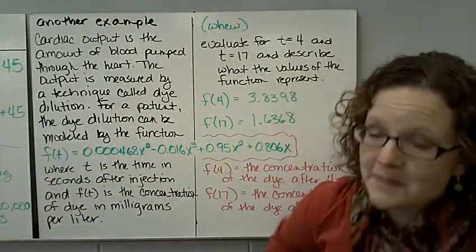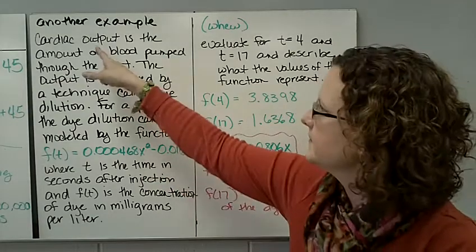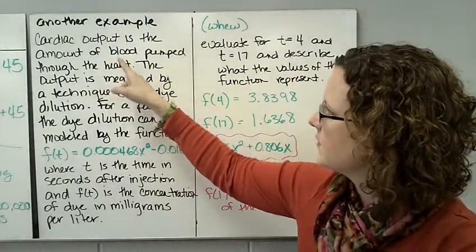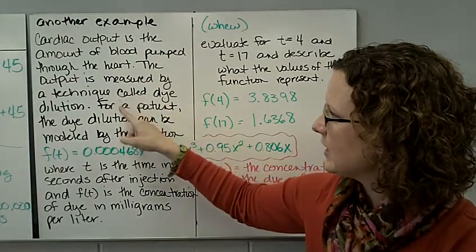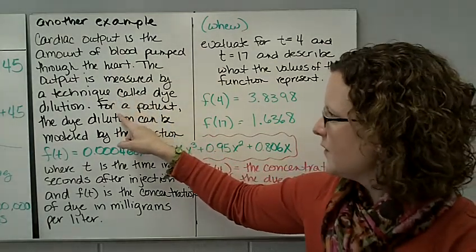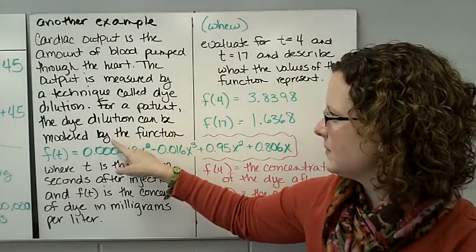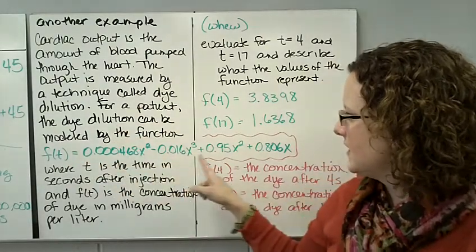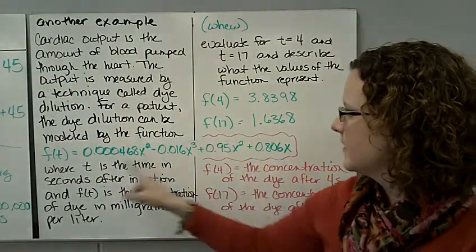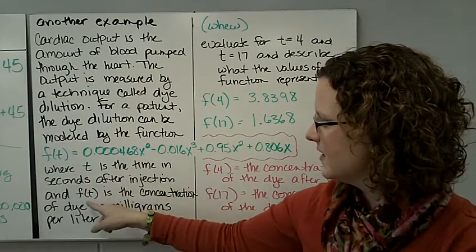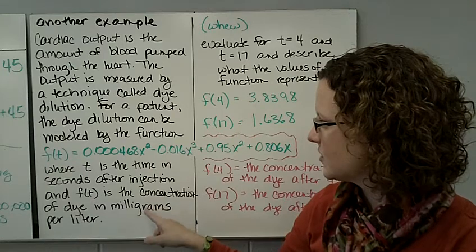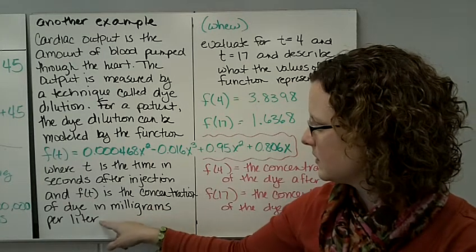The example is a little wordy, but let's work through it. Cardiac output is the amount of blood pumped through the heart. The output is measured by a technique called dye dilution. For a patient, the dye dilution can be modeled by this really long and detailed function, where t is the time in seconds after injection, and f of t is the concentration of dye in milligrams per liter.